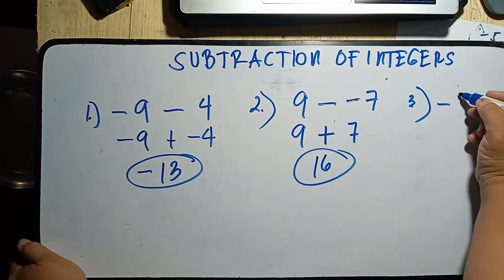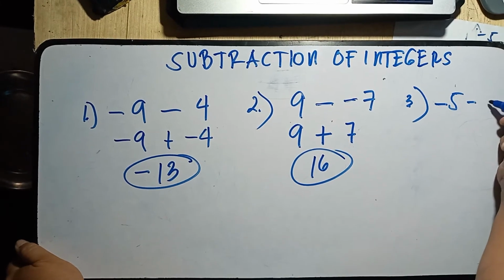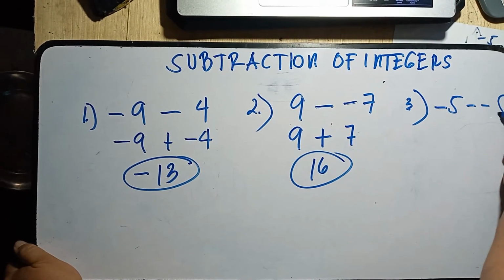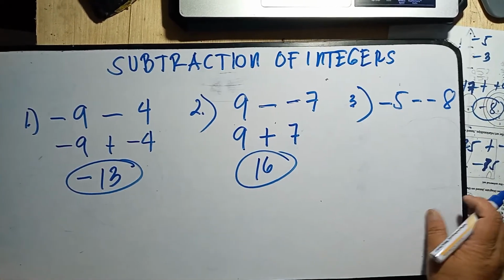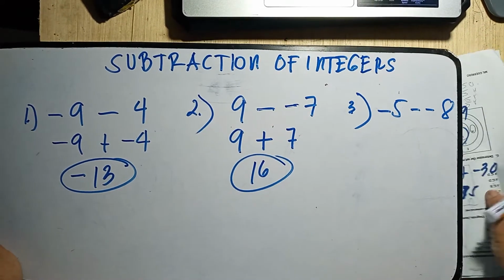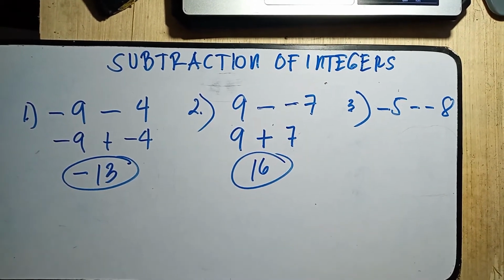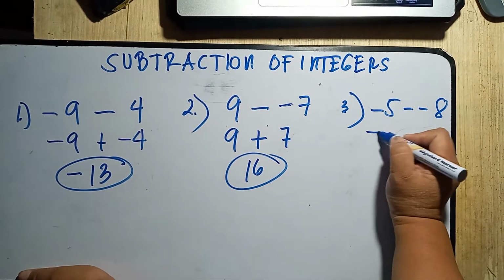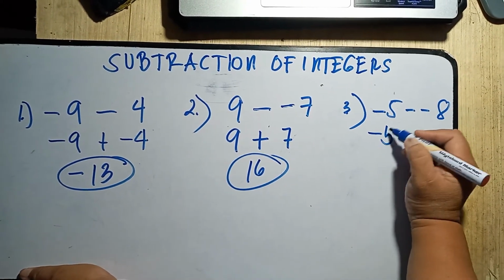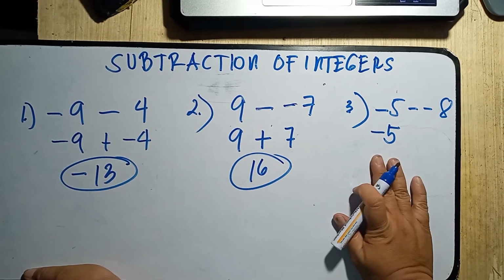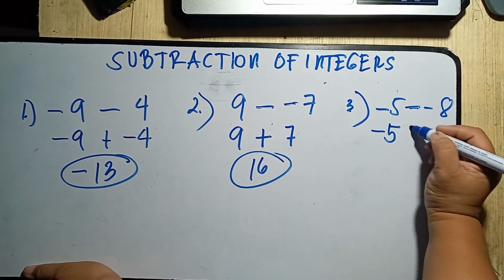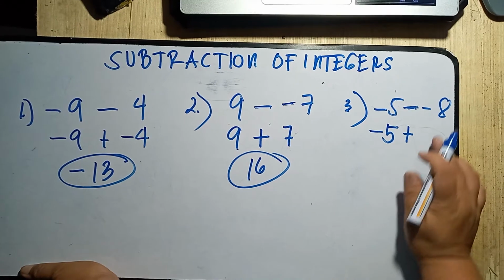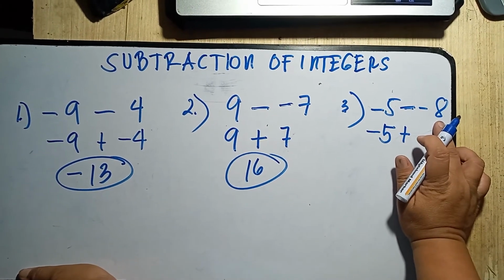Negative 5 minus negative 8. We have keep the minuend, change minus to a plus, change the sign of the subtrahend.